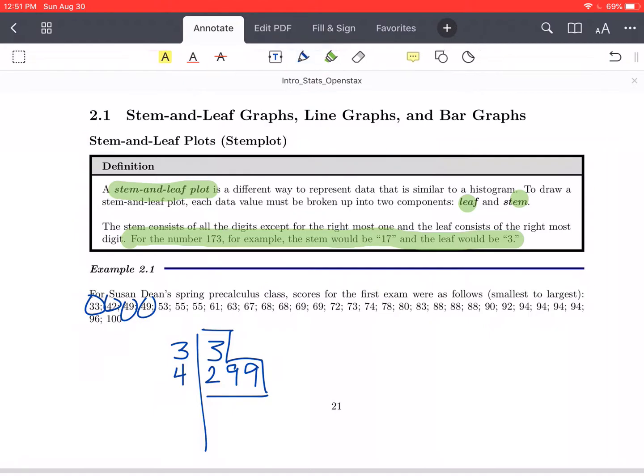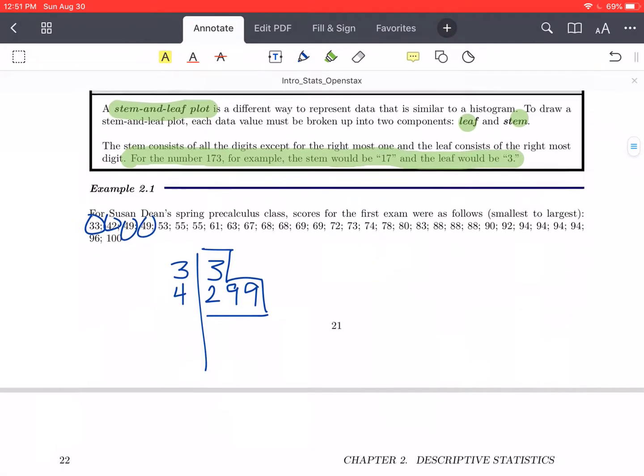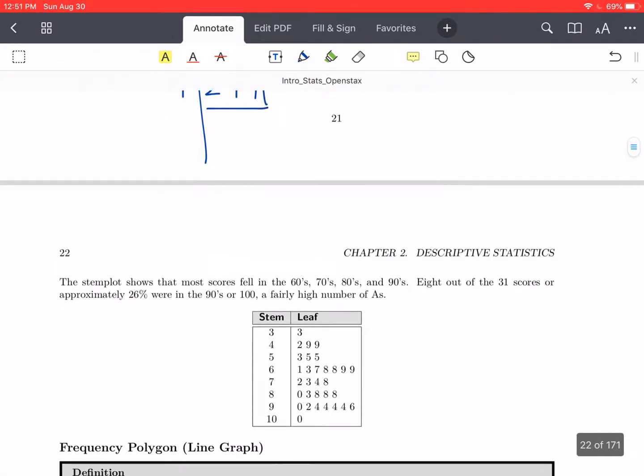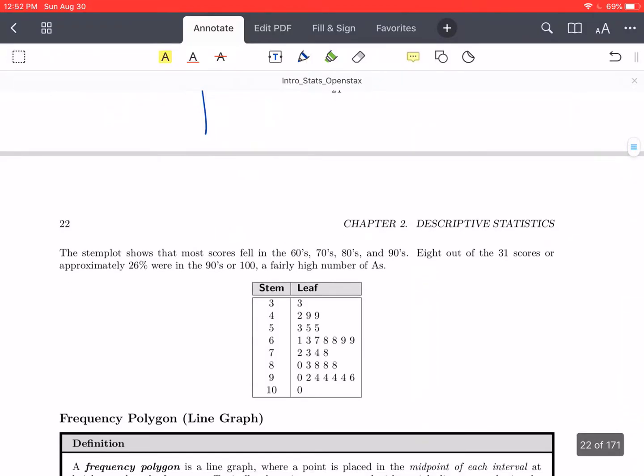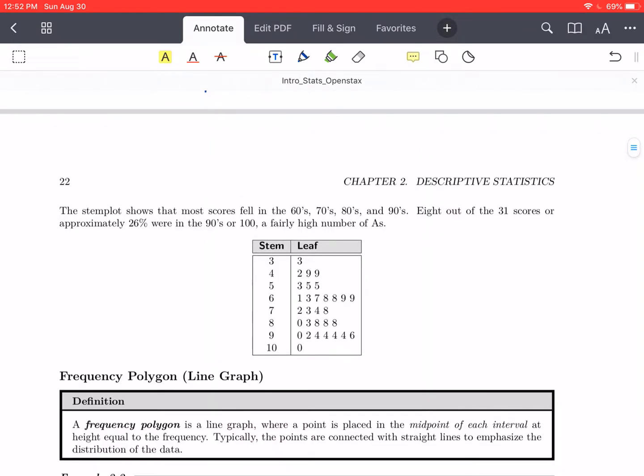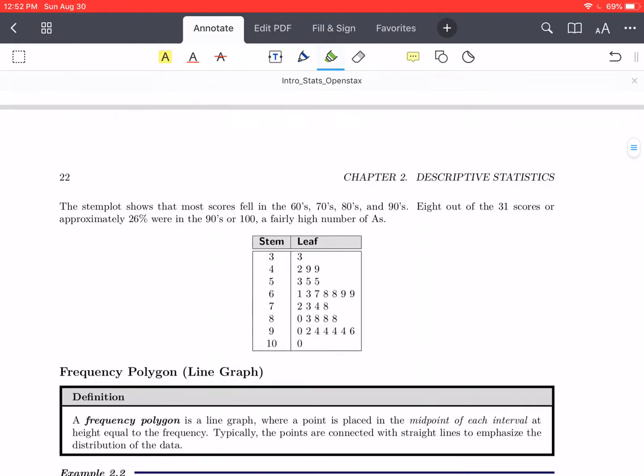If you look at the next page, they actually did this one for us. This stem and leaf plot shows that most scores fell in the 60s, 70s, 80s, and 90s. 8 out of the 31 scores, or about 26%, were in the 90s or 100s, so a high number of A's.